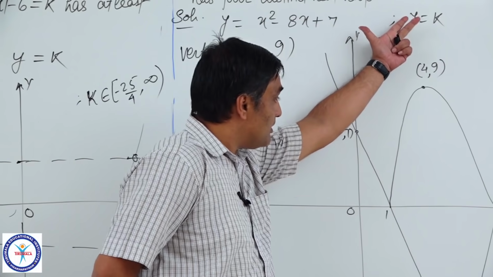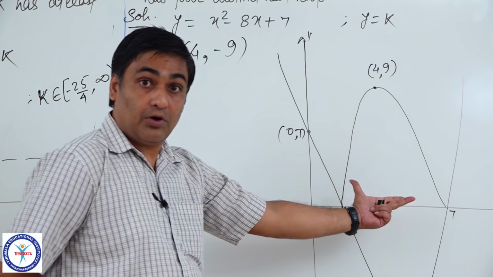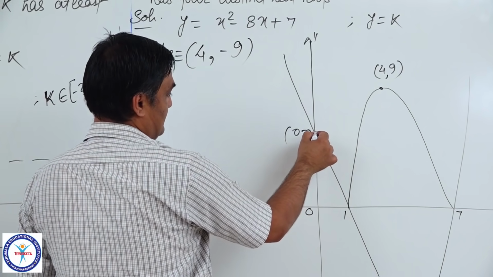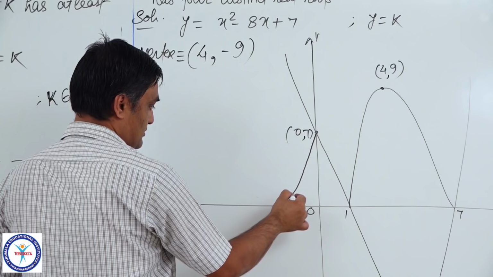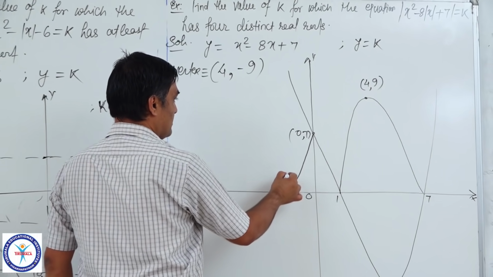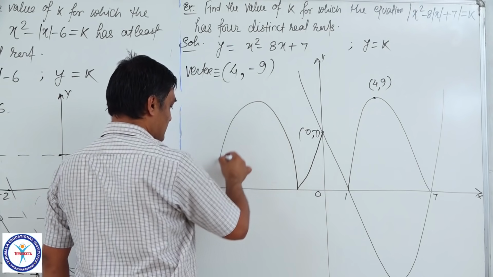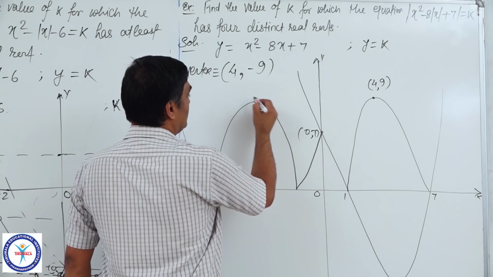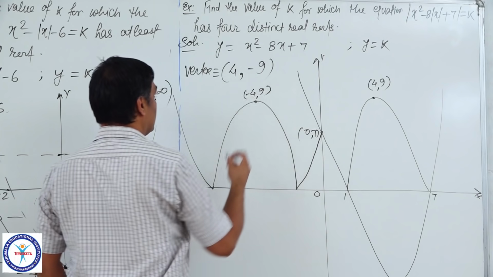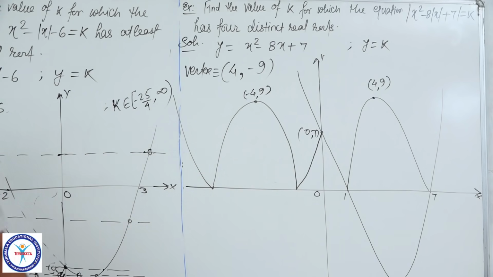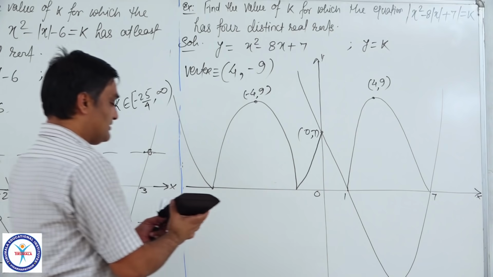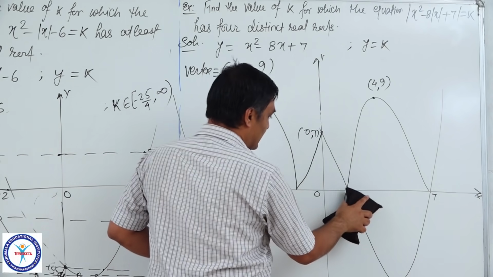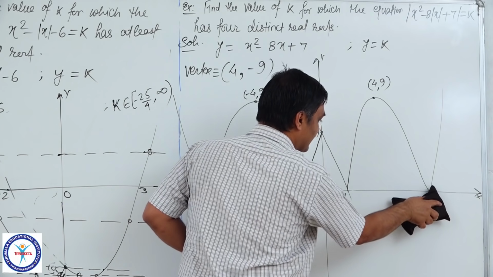It is for the mod on both sides, on the whole of the expression, and for the portion like this, minus 4 comma 9. Now, what portion do we have to neglect? Left of the y-axis and below the x-axis.